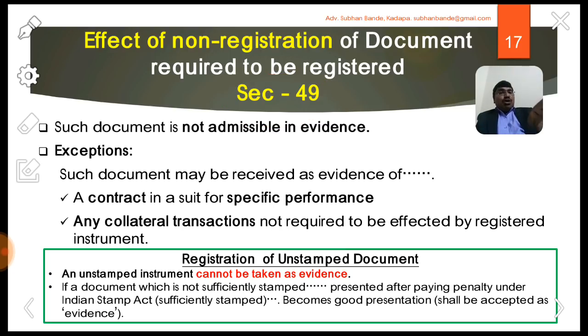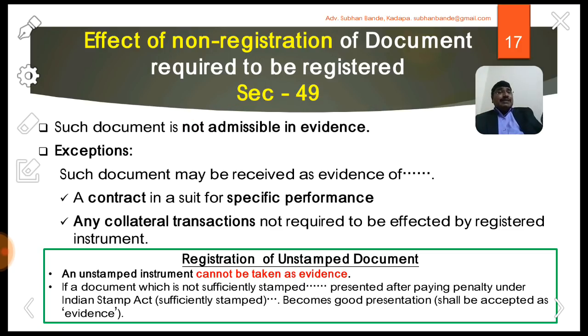If a document of which registration is compulsory is not registered, then such document is not admissible in evidence. The court cannot accept such document as evidence in any kind of proceeding. It is specified under section 49.